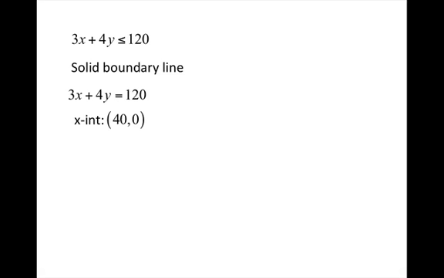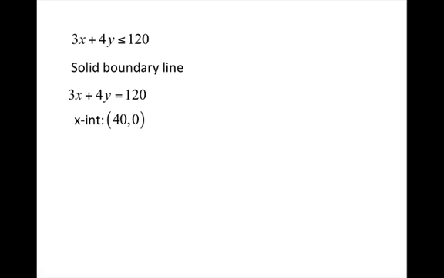Then my third constraint was 3x plus 4y is less than or equal to 120. And again, as we mentioned, all our boundary lines were solid. This is a solid boundary line. So if I find my x-intercept, I let y be 0. So 3x equals 120. If I divide each side by 3, I get x equals 40.